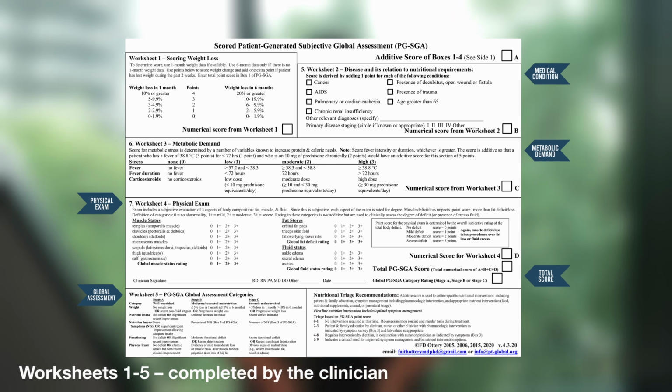Information from both the patient and clinician-generated sections contribute to the total numerical score. This supports the clinician's determination of nutritional status and malnutrition severity, or when used proactively, the patient's risk of malnutrition. We will walk you through how to complete and score each section of the PG-SGA.